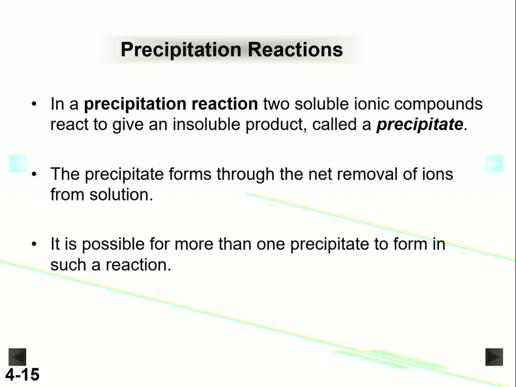It produces a precipitate. The precipitate forms through the net removal of ions from solution to produce the ionic compound. And while it is possible for more than one precipitate to form in such a reaction, we'll just worry about ones where only one precipitate forms, and that's the vast majority of cases.